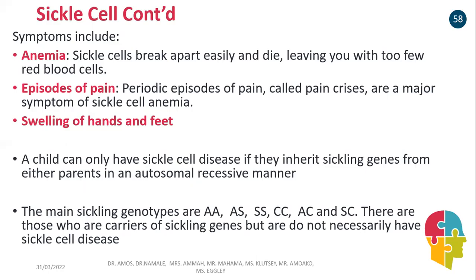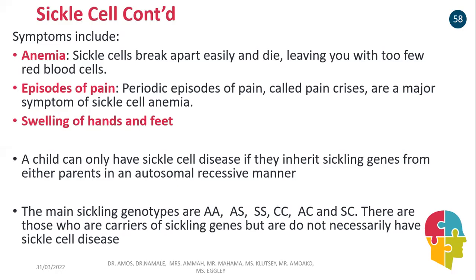Then we have CC. Now we have sickle cell disease and hemoglobin C disease, where hemoglobin C disease is also a result of abnormal structure of the red blood cell.